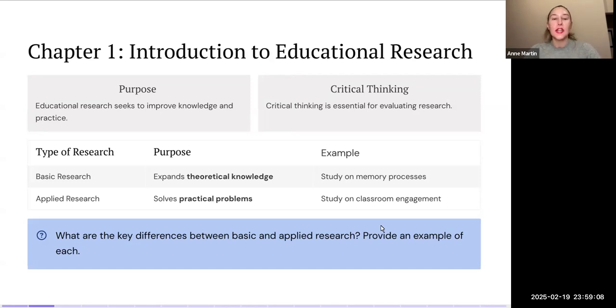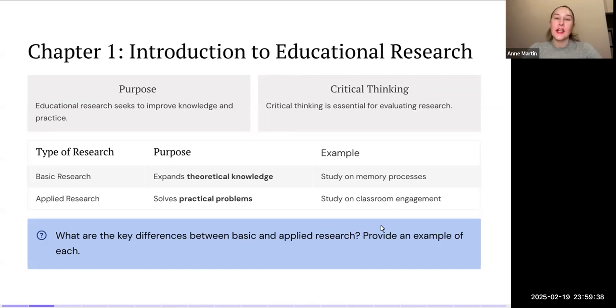But basic research is research that is focused on theoretical knowledge, using empirical methods to make knowledge claims about theoretical constructs such as motivation, personality, memory, some things like that, that are general theories about learning and how humans come to be in terms of education. So that is basic research.